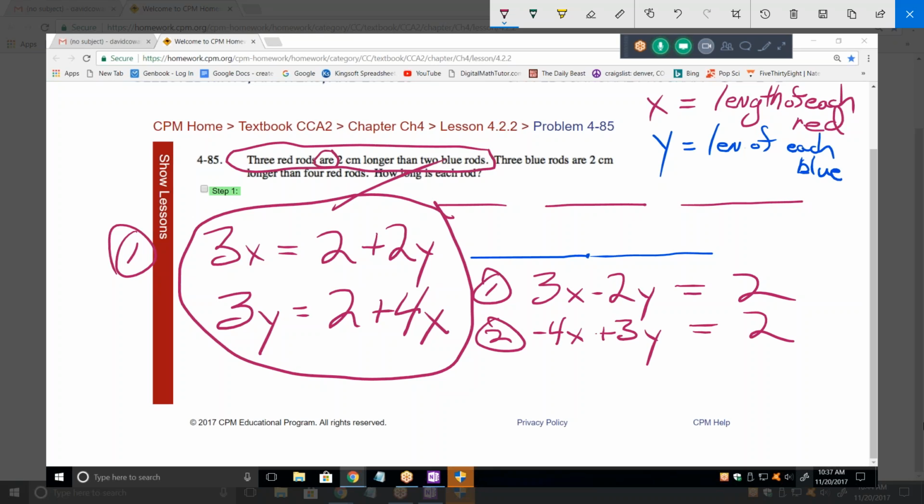Now, even though we want to use elimination, this is not that easy to use elimination on, because I cannot multiply just one equation by anything and be able to eliminate a variable. But I could multiply both equations by something.